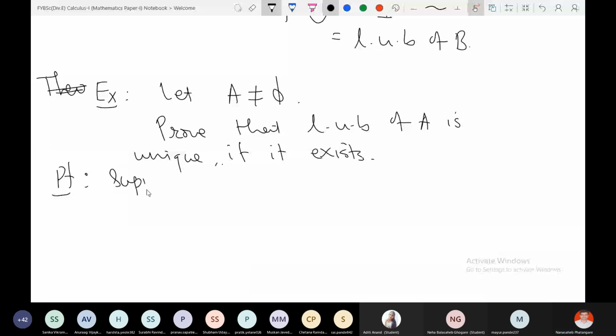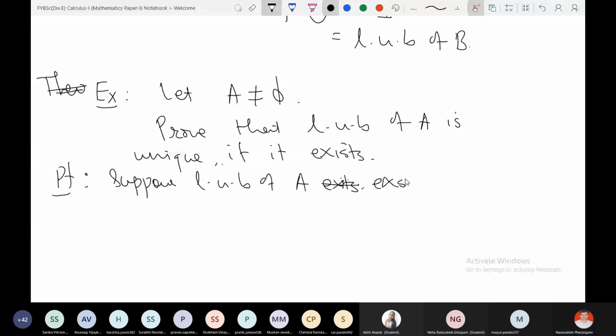Suppose the least upper bound of A exists.